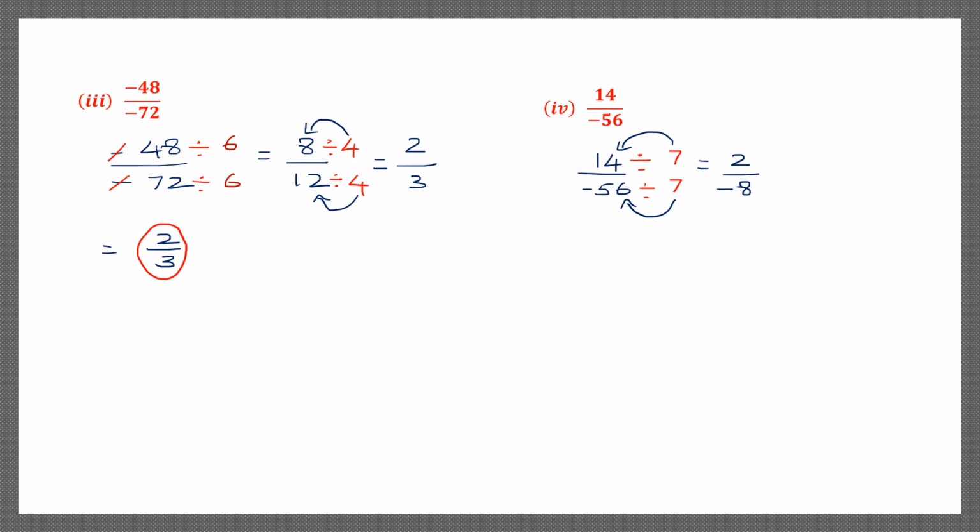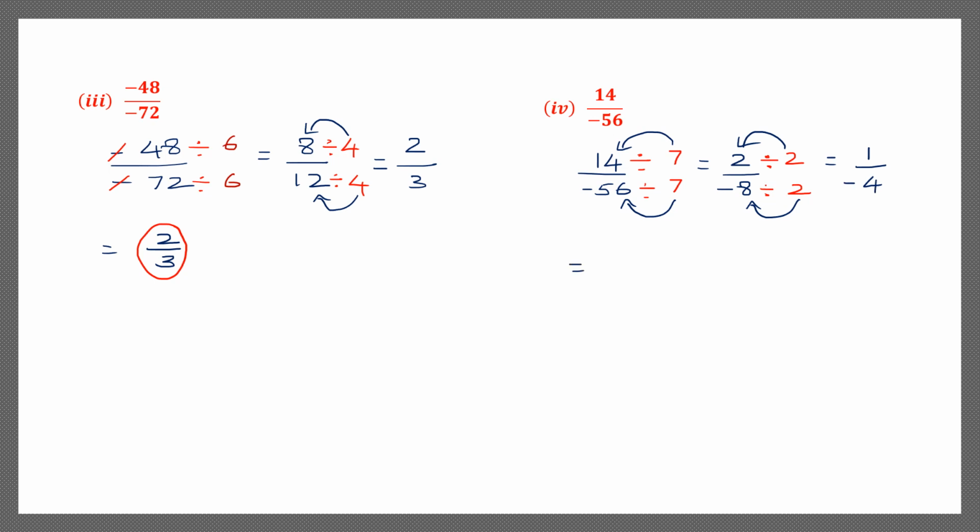Now 2 by 8 can be reduced further. So both are divisible by 2. So I'm going to divide both by 2. 2 into what is 2? 2 ones are 2 and 2 into what is 8? 2 fours are 8 with a minus sign.